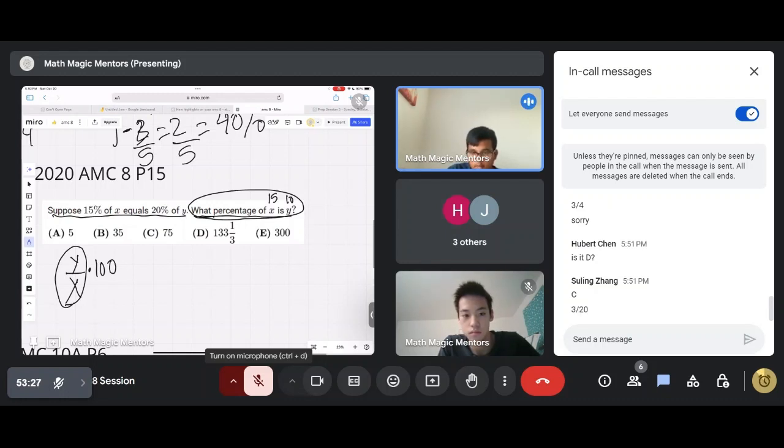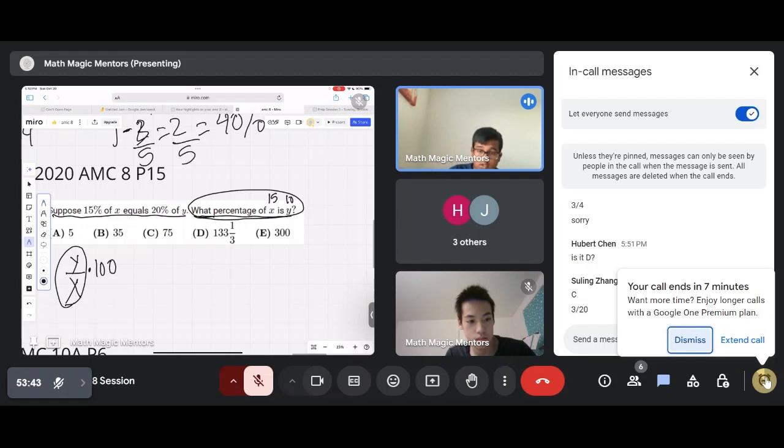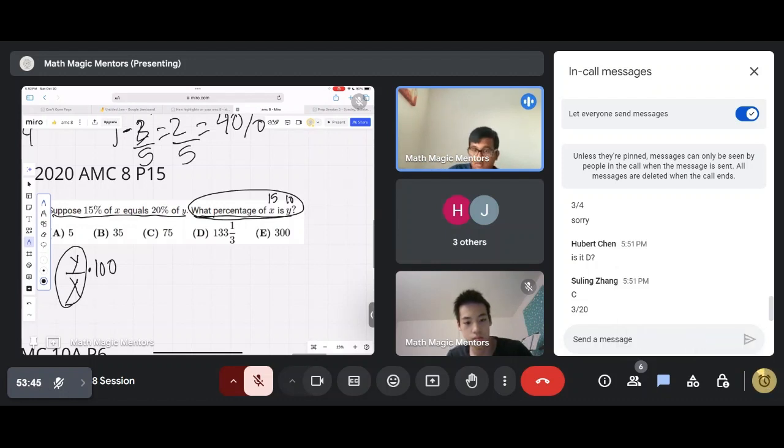So as one of you mentioned, it's 3 over 20 because you say 15%. Just for the sake of going through it, I'll talk about how we get this multiplied by 100 thing. A percent is a ratio out of 100, so we're going to say that we have a ratio of x over 100.